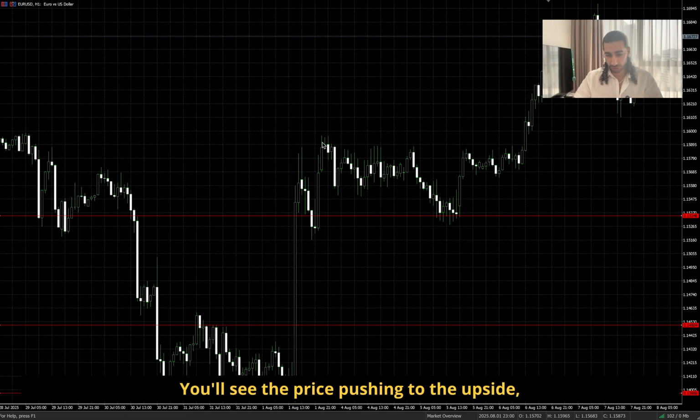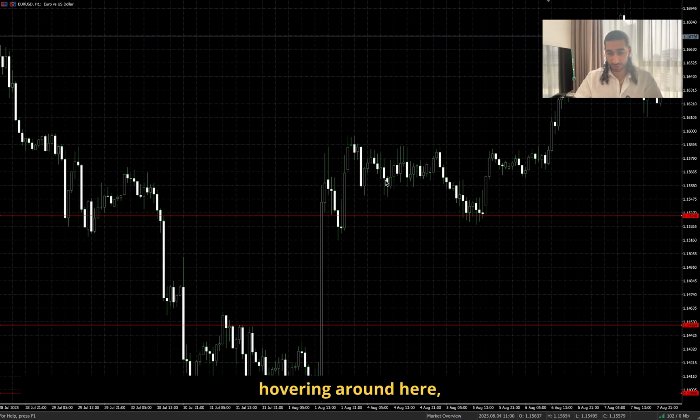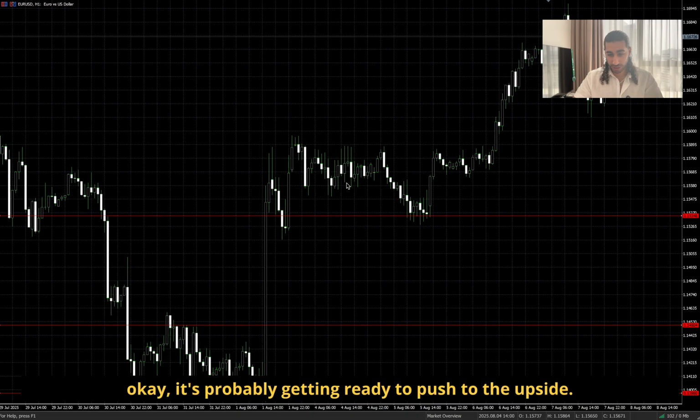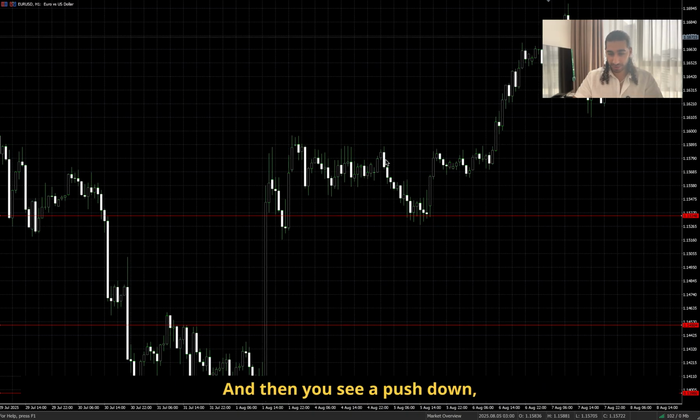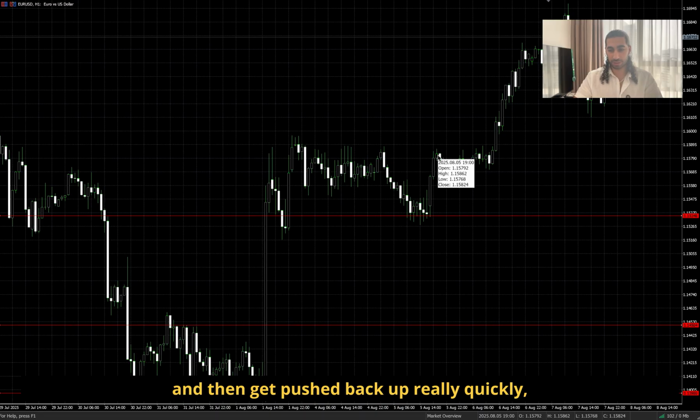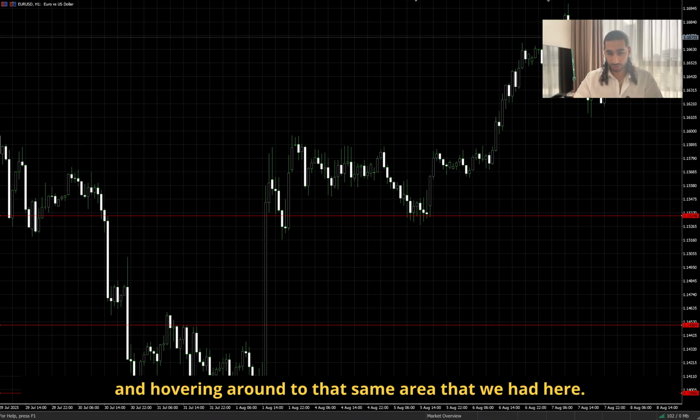You'll see the price pushing to the upside, hovering around here, and you might ask yourself, okay, it's probably getting ready to push to the upside. And then you see a push down, breaching these levels, reaching that previous low, and then getting pushed back up really quickly and hovering around that same area that we had here.